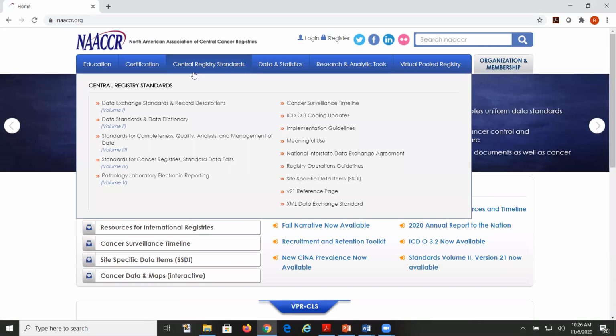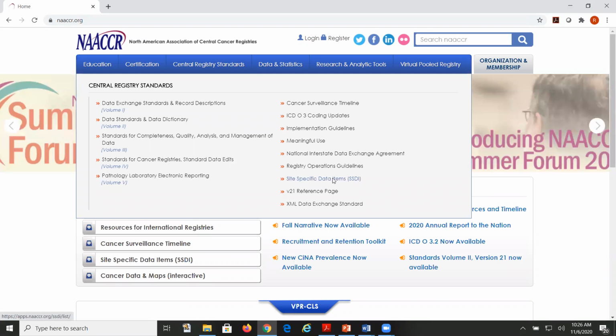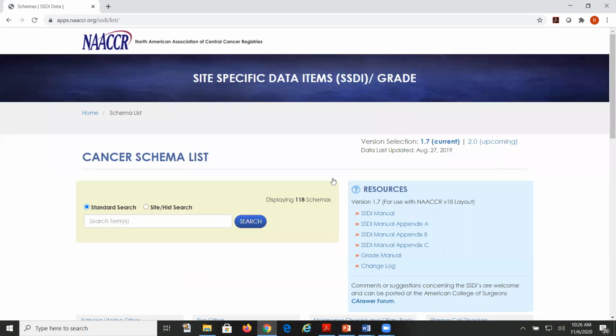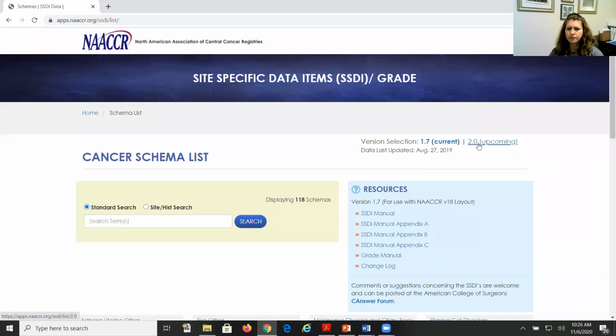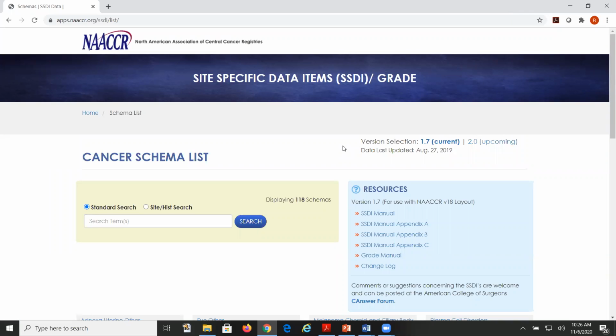Central Registry, and you want to go to site-specific data items. You see here that I have the home page open for the site-specific data items and grade. You see where I'm hovering over current, and then I'm hovering over 2.0 upcoming.